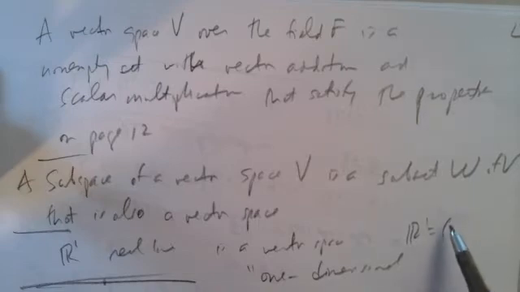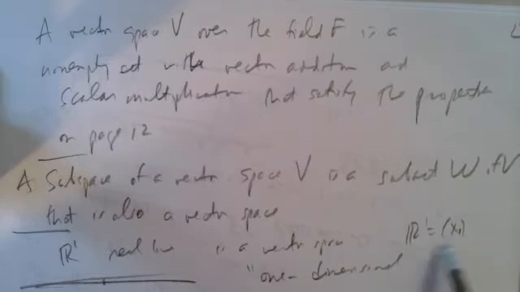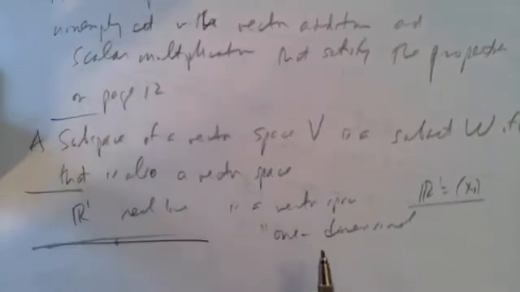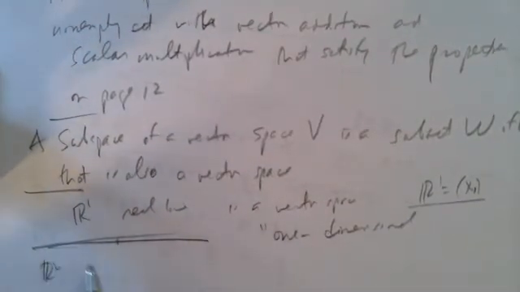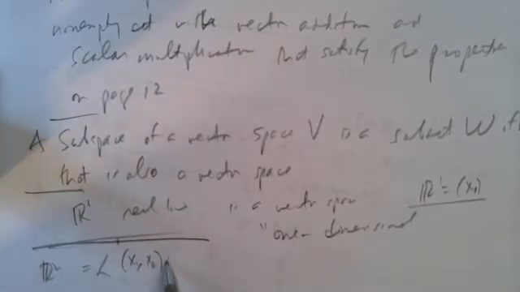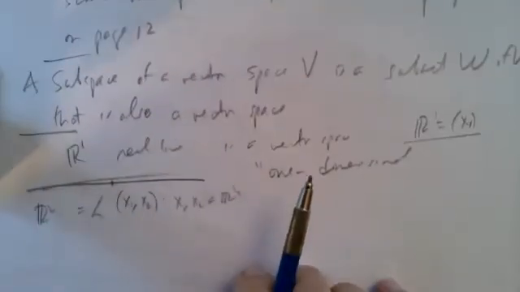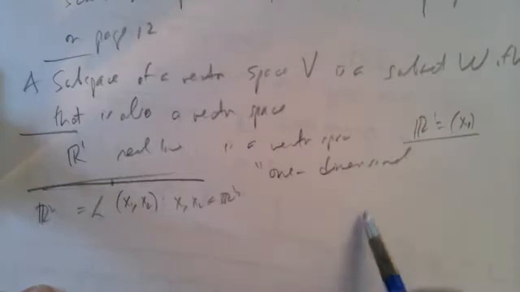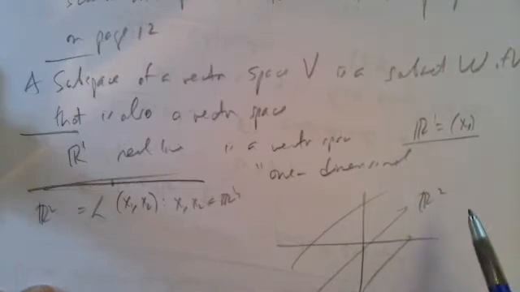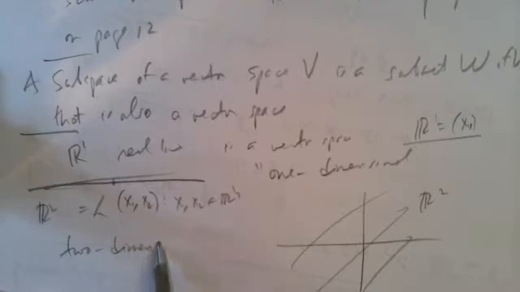So this is just like Rn or Fn. This is just one coordinate. Right? It's one-dimensional. R2 is the set of all pairs of real numbers. And in high school and pre-calculus, you learn to picture this as the XY plane or the X1, X2 plane. This is R2. And you think of this as two-dimensional.